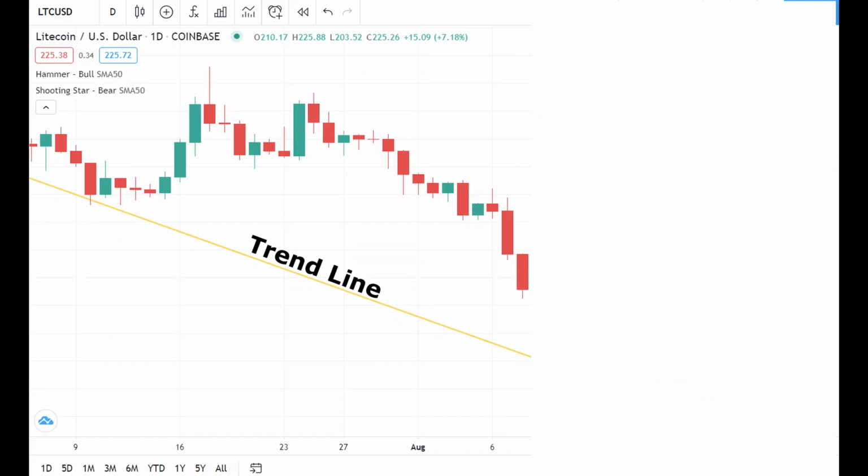Looking at this chart, first we have a downtrending market, and we're waiting for a sign that the trend of the market will reverse. We have our trend line drawn on the daily time frame, and so we're waiting for an opportunity where price action trends all the way down to the trend line, and then we want to see a confirmation with our hammer candlestick.